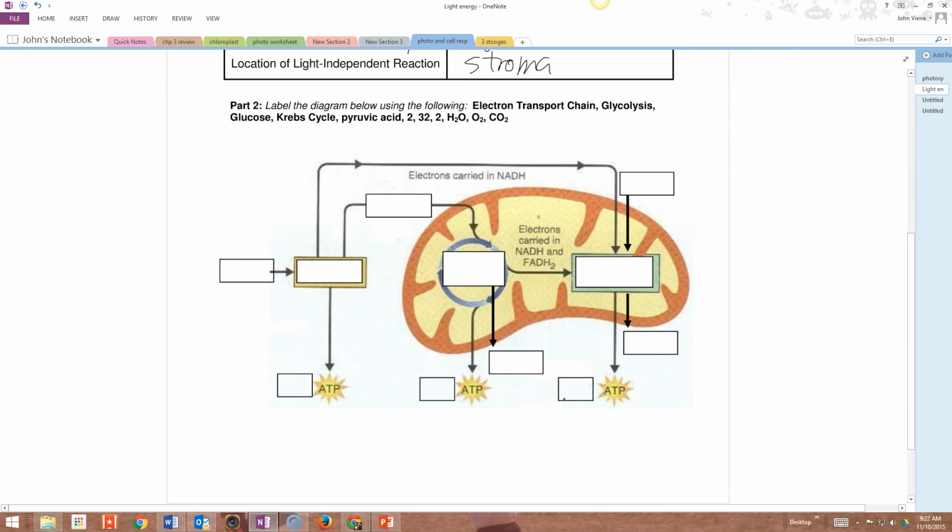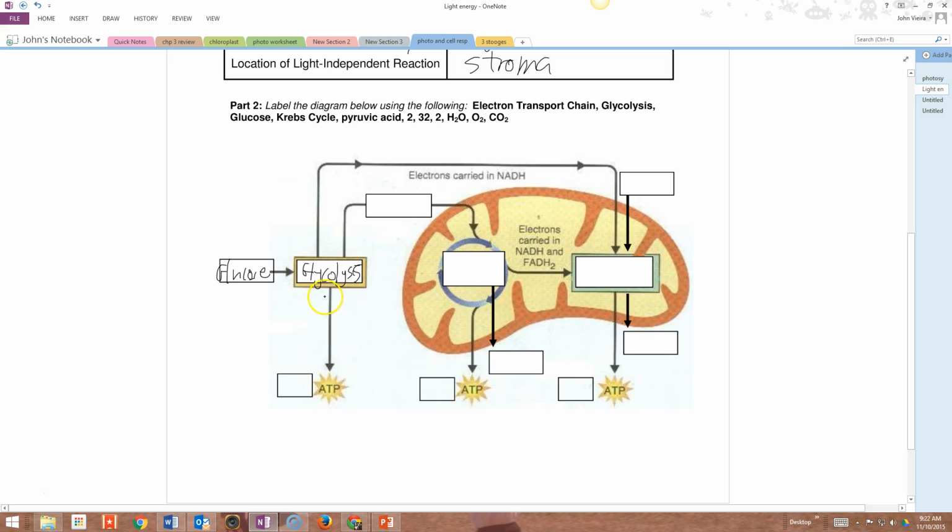Alright, so let's talk about not photosynthesis anymore. We start off with glucose. Glucose turns into what process though? It goes through glycolysis.